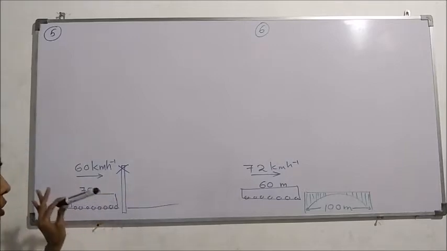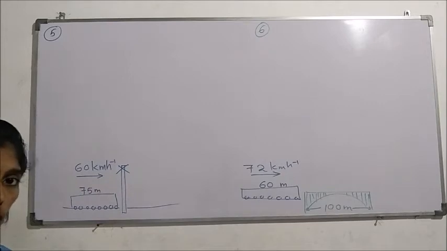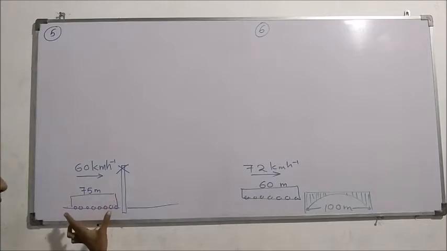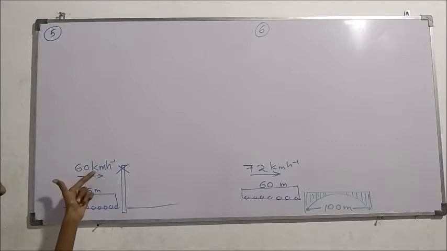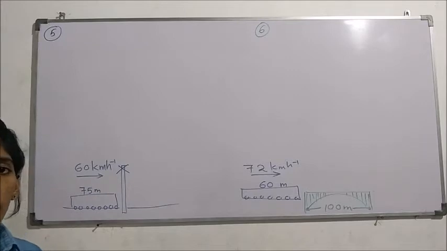So when you find the time, what should we take as the distance? We should take the length of the train as the distance here. Okay, and the other problem here is the speed. See the units here and the units of the distance here. Okay, meters, this is given in meters, but the speed is given in kilometers per hour.